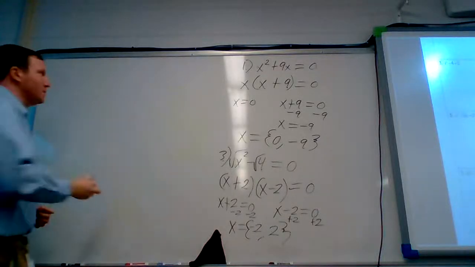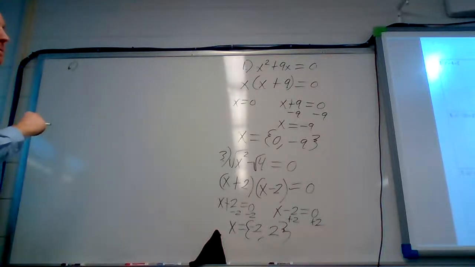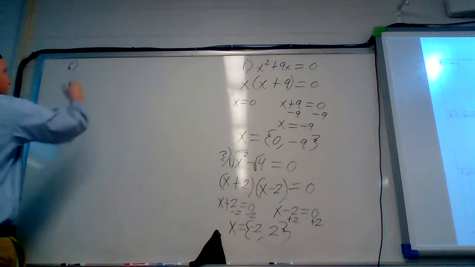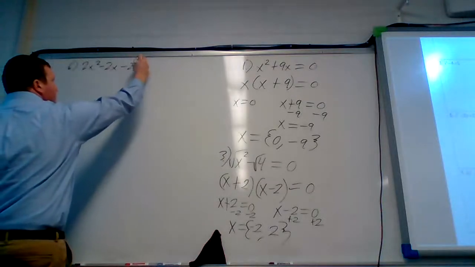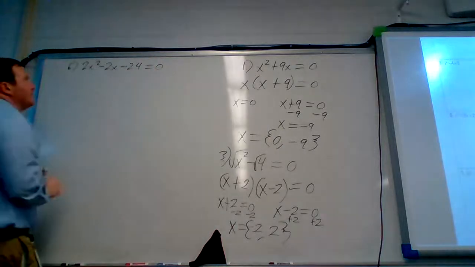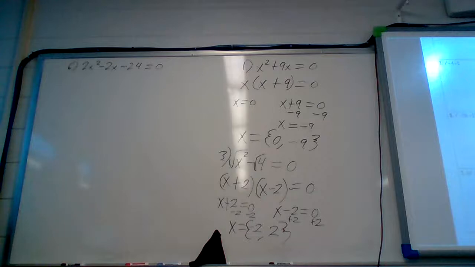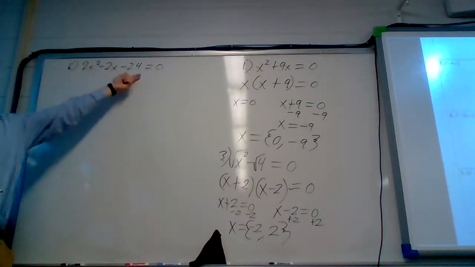So let's look at number 6. We have 2x squared minus 2x. Can you factor out 2? We can factor out the 2. So first thing is GCF in this case. All of those have a 2 in common.